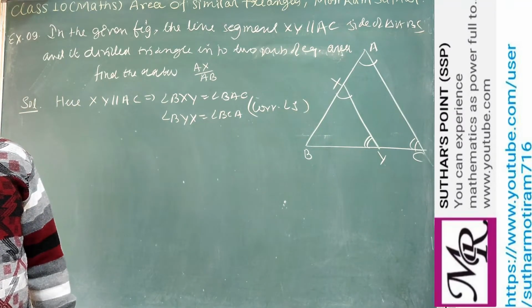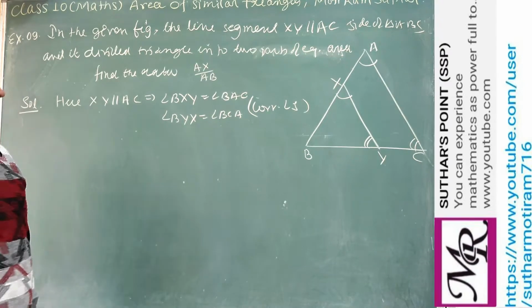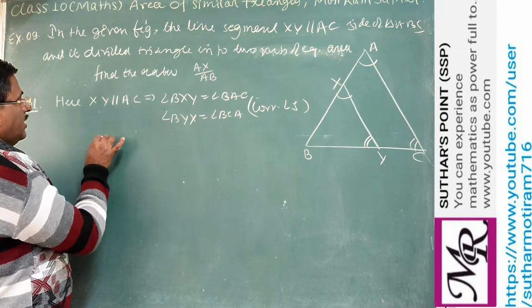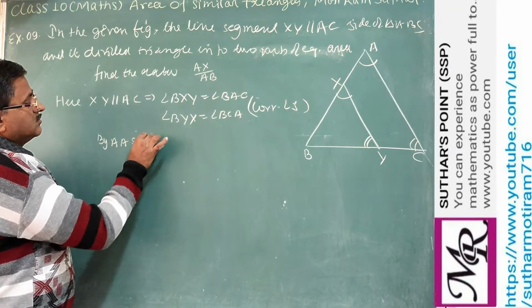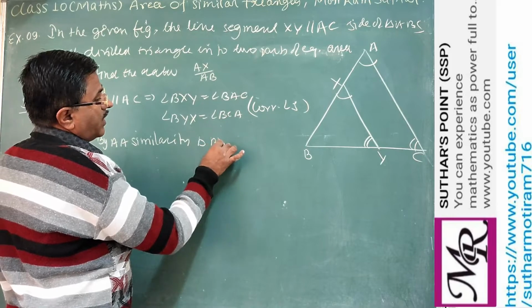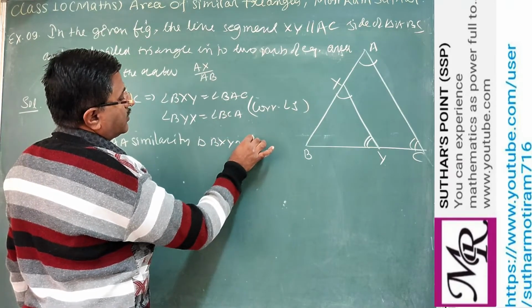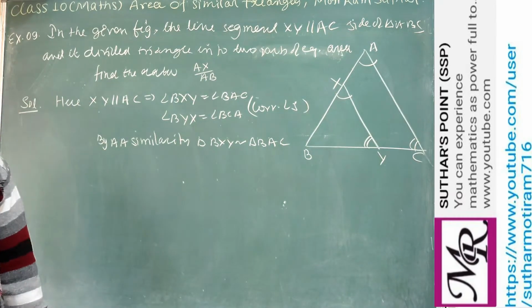So these two triangles are similar. You can say by AA similarity, triangle BXY is similar to triangle BAC. Right?